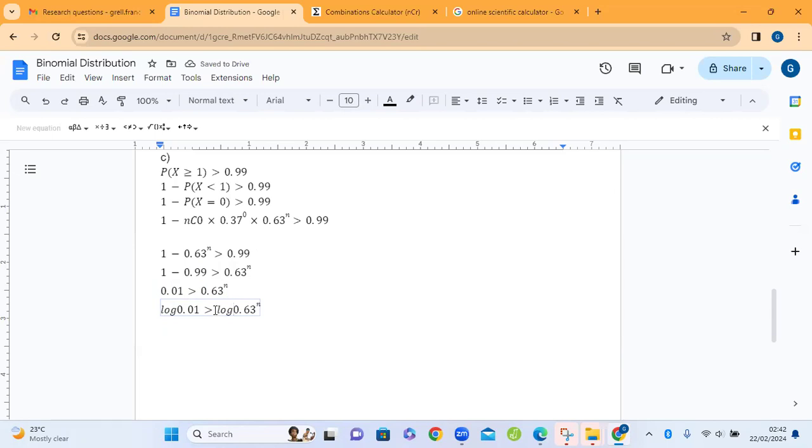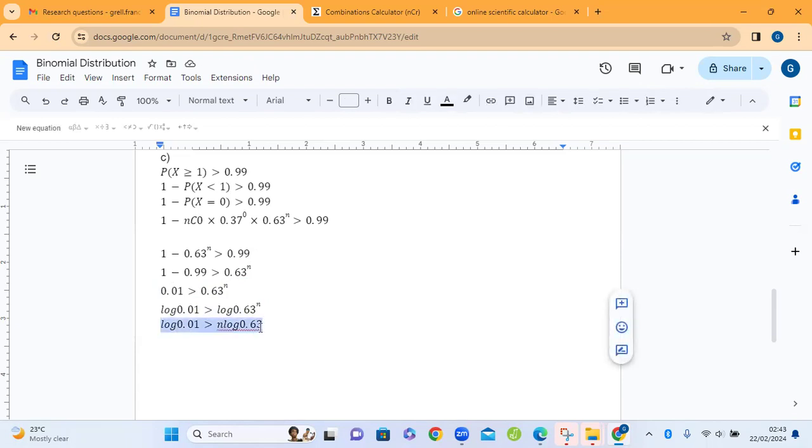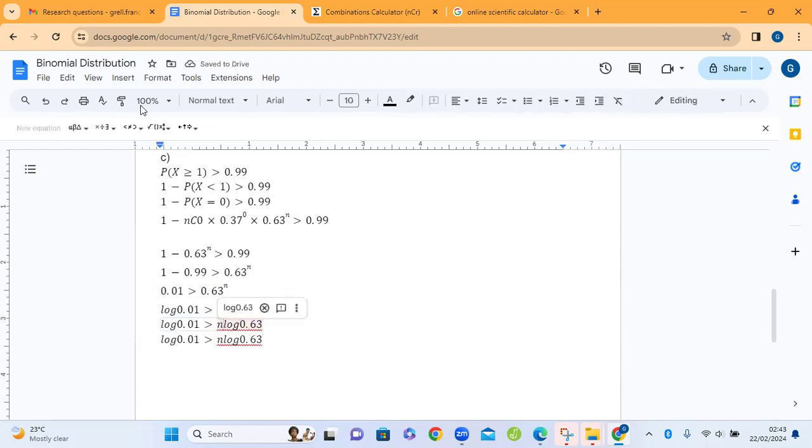And the reason for that is to apply the property of logarithms, whereby the right side of this inequation can be rewritten with n multiplying log 0.63. Now we're going to divide by log of 0.63. Log of 0.63 is a negative value. And anytime you are dividing or multiplying by a negative value, the inequation must switch direction.